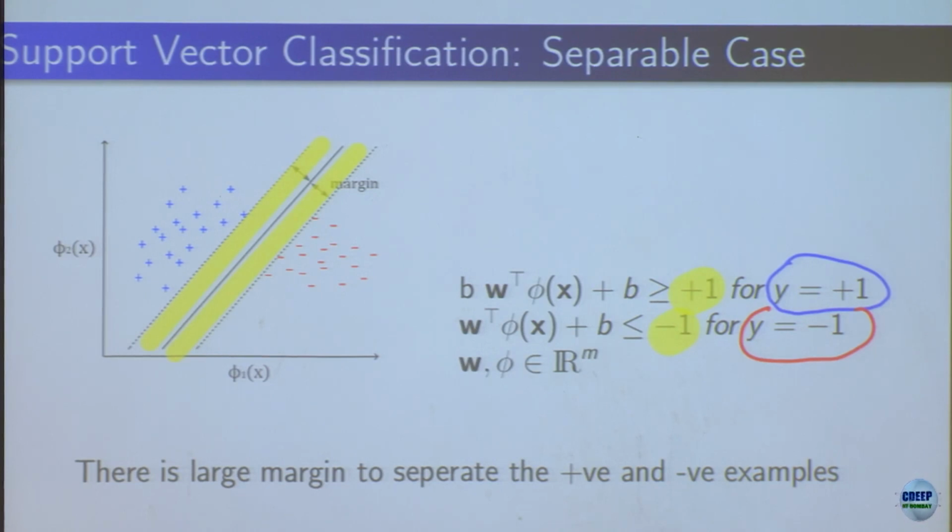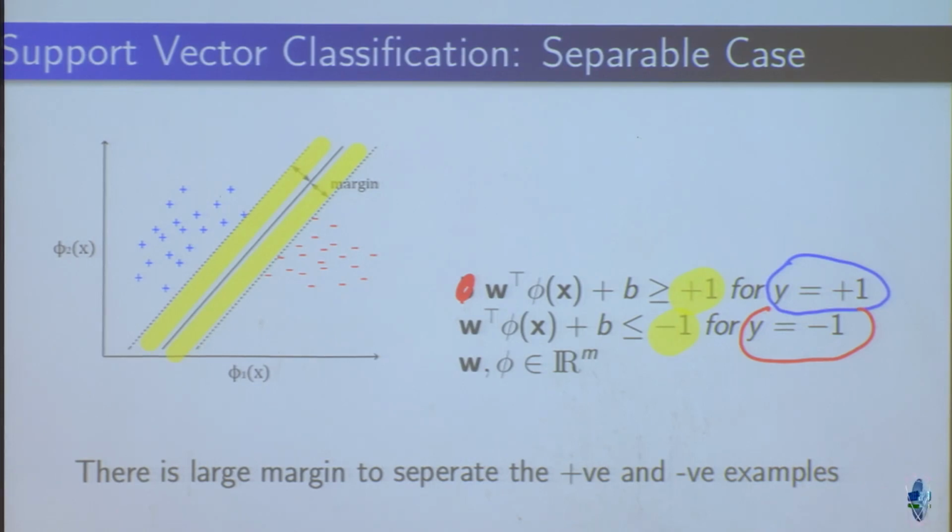This plus 1 is margin relative to the inequality I have written. Earlier I used to just say W transpose phi x plus B is greater than or equal to 0. Now you have greater than or equal to plus 1. Or in the other case, W transpose phi x plus B is less than or equal to minus 1. But under these inequalities, let's try and understand what the margin means.